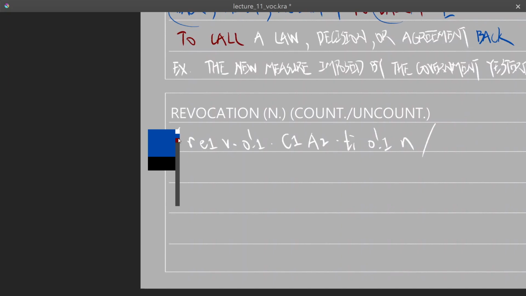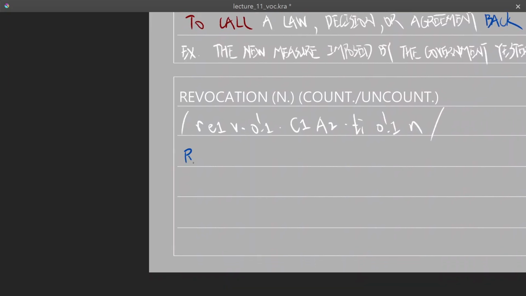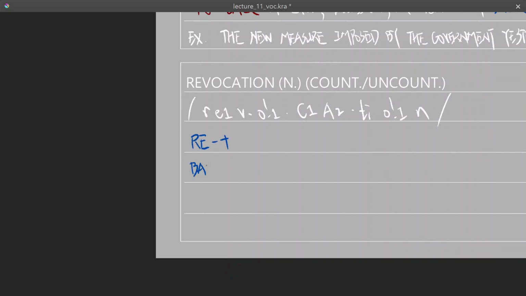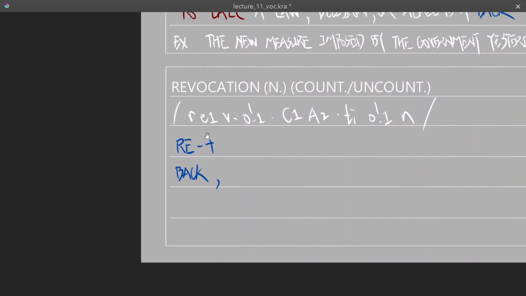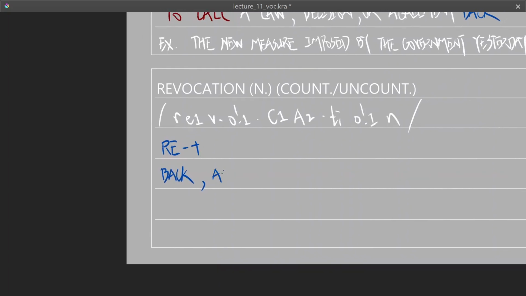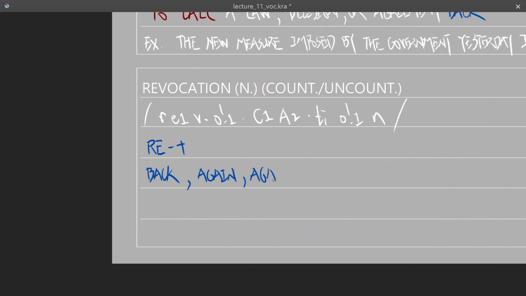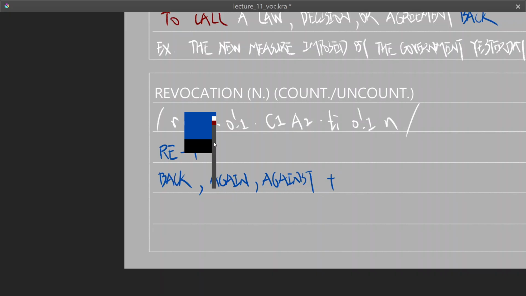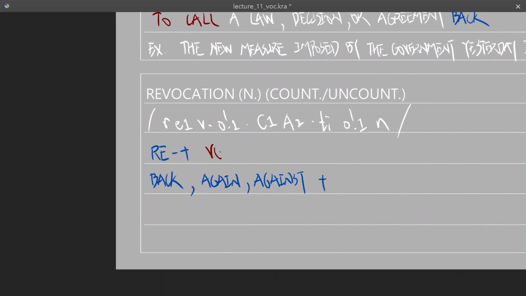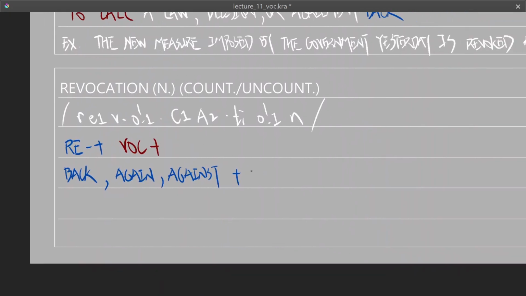And we have the prefix re, meaning back, again or against. And we have the root voc, meaning to call.